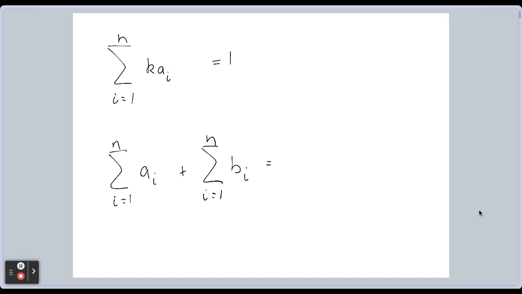Well, I'm going to have k, sorry about the a instead of the u. I should change it, but I won't because it doesn't really matter. k times a1 plus k times a2 plus k times a3 all the way to k times an, right? So we're going to have a common factor of k there, okay?